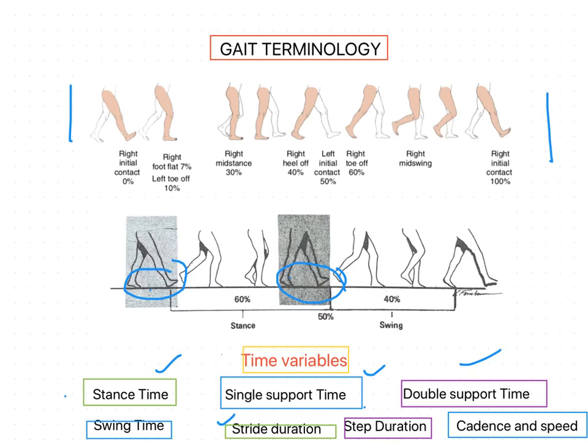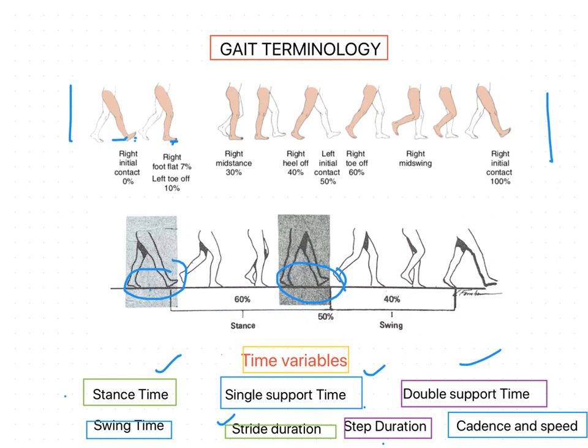Step duration is the amount of time spent during a single step. During a single step, how much time it takes is called step duration. Measurement usually is taken in seconds per step. So here, for the right leg, from initial contact to flat foot is one step.